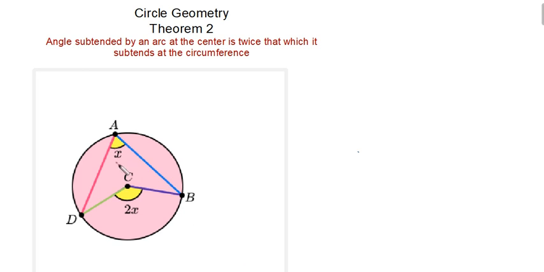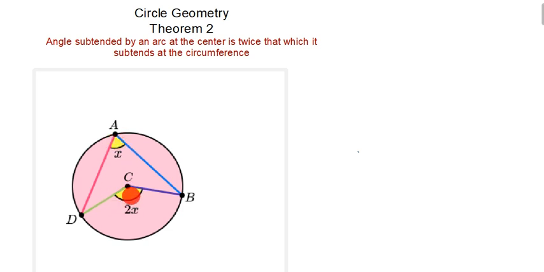Now look at the circle that we have on the screen. On the circumference we have D and B, and we have an angle coming from D and B to the center. This is the center of the circle. So this angle 2x is formed by drawing from D and B to the center. Now we have another angle here. This angle x is formed from D and B as well, but instead of running to the center, it comes to the circumference.